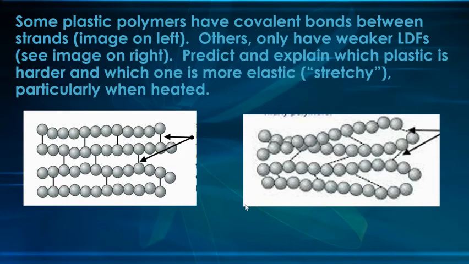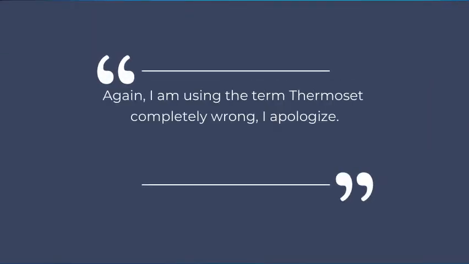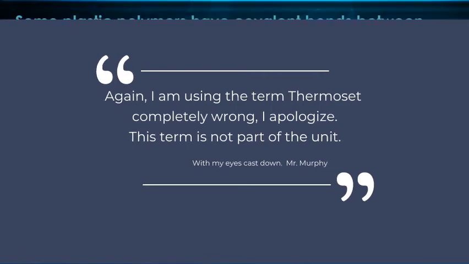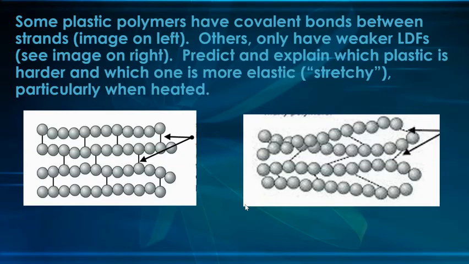And when they recycle these plastic water bottles and things, they heat them up till all those hydrogen bonds are broken. And they can pour the liquid plastic into whatever form they want. And if they cool it down slowly, the hydrogen bonds will form and it'll keep whatever the new form of the plastic is. And so thermosets are based off of the concept of weak intermolecular forces.